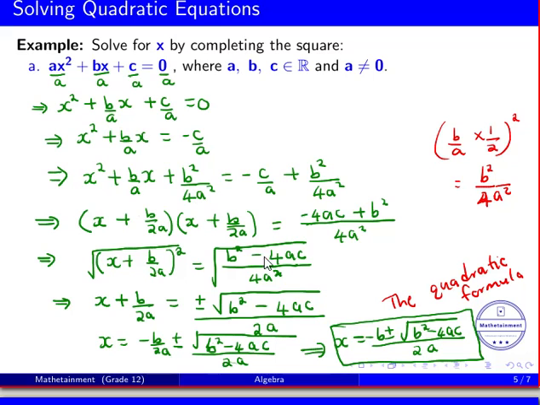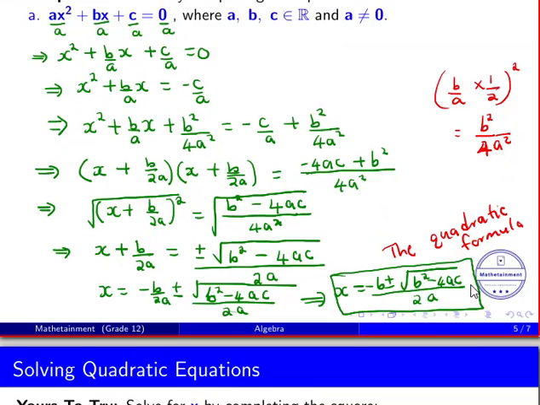You don't have to prove it like this. You just have to use this formula, and it's usually given in the formula sheet. But it's so refreshing to see that it actually comes from completing the square.